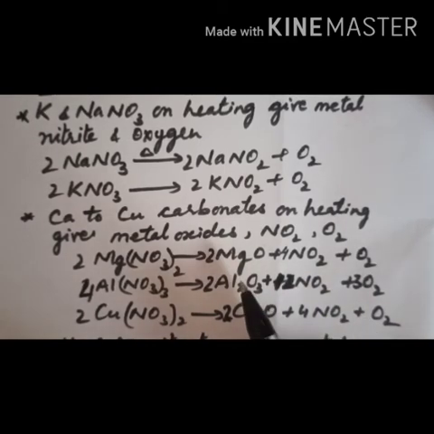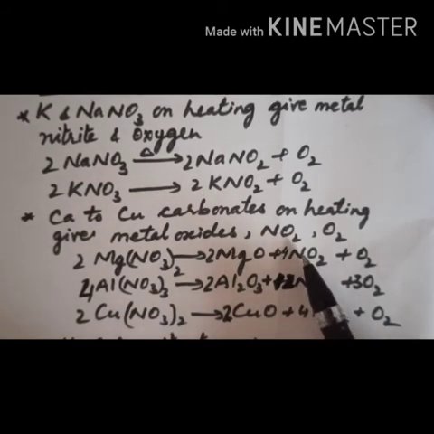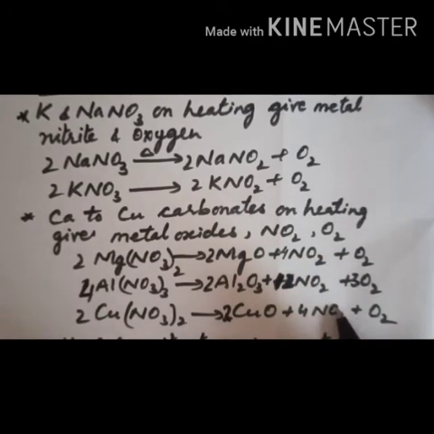Right? A question may ask, name a compound which on heating gives a metallic oxide and a reddish brown gas, nitrogen dioxide, and oxygen gas. What is the color of nitrogen dioxide? Reddish brown gas.